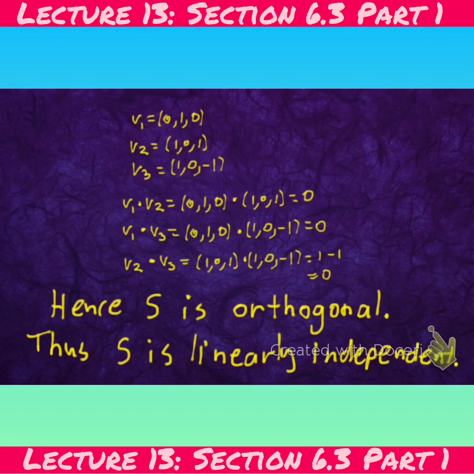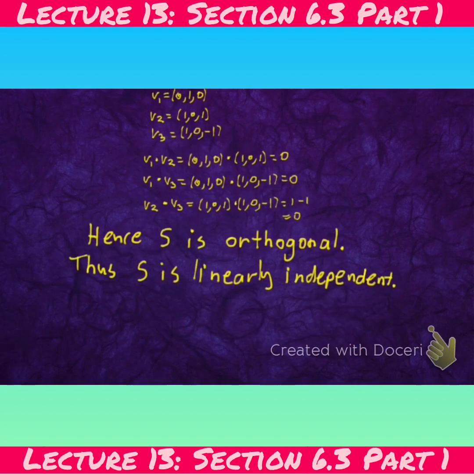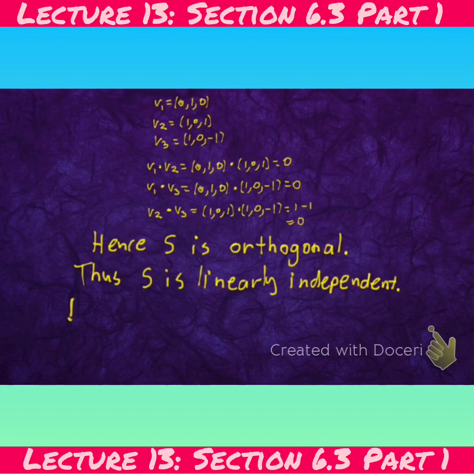You make sure that it has the same number of vectors as your dimension, and that it is linearly independent or spans the whole vector space. We don't have to check both span and linear independence, only one of the two. And because S is linearly independent, it follows that S is a basis.